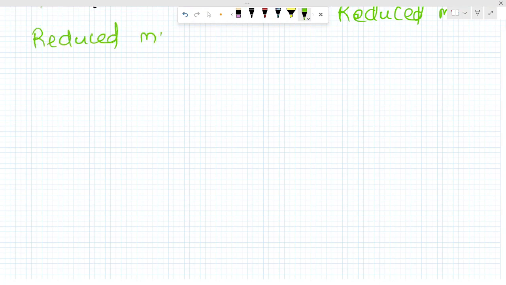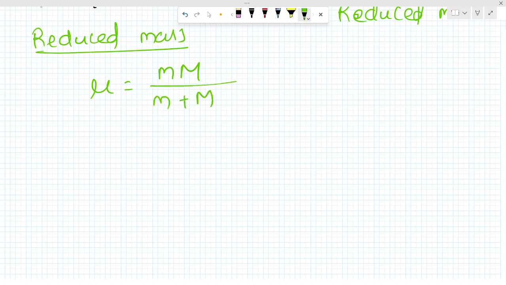So let me define the reduced mass and what is its importance. Let us talk about it. Mu is equal to small m capital M upon small m plus capital M, isn't it?